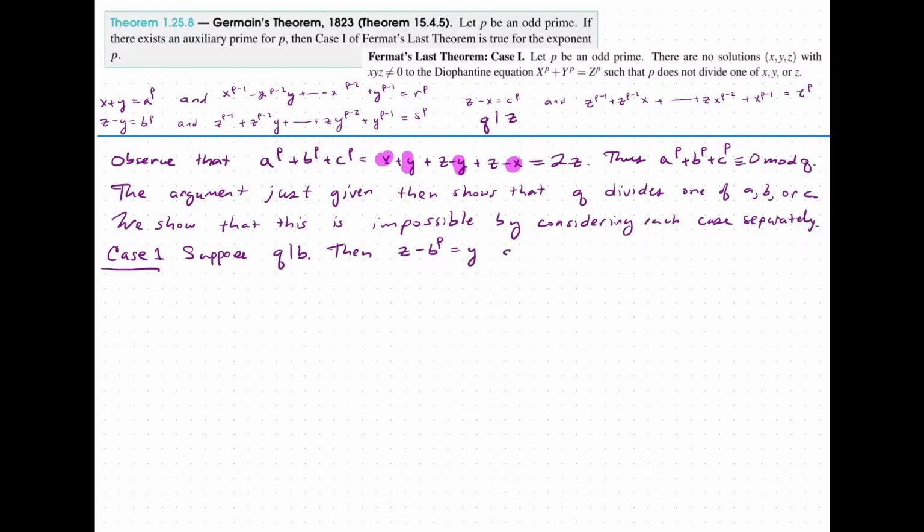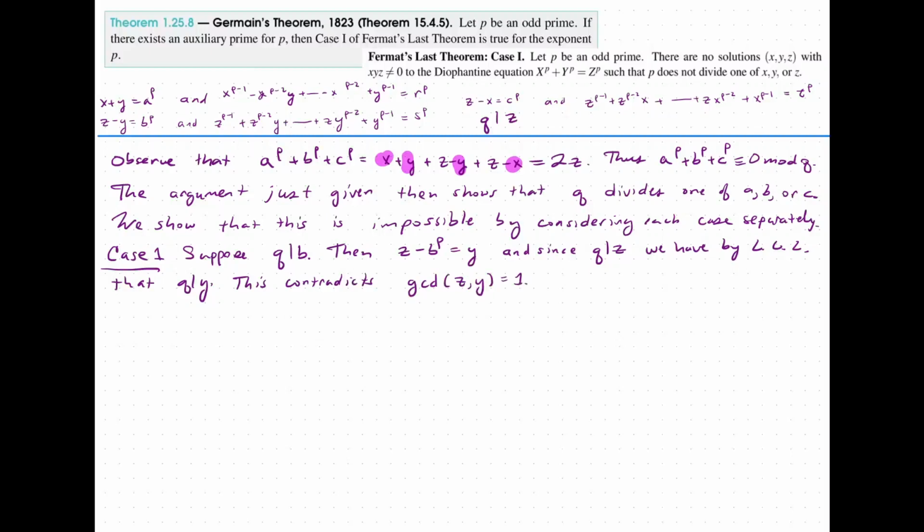And since q divides b and since q divides z, we have, by the linear combination lemma, that q divides y. But now we are in trouble, because y and z are relatively prime. So this contradicts the GCD of z and y being 1.